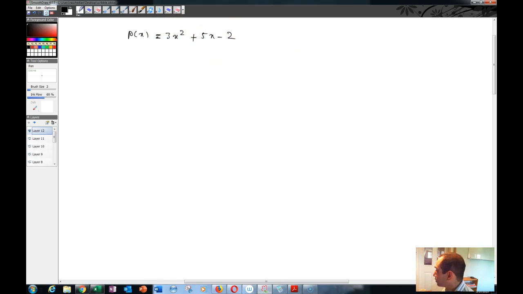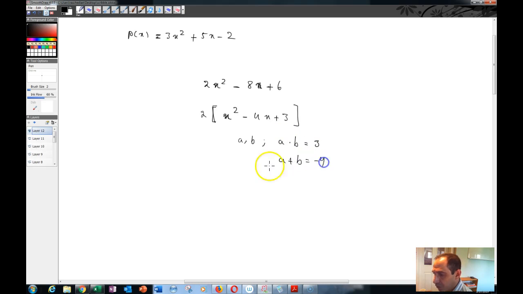What we had was basically 2x squared minus 8x plus 6, and then I factored out this 2, so then you have 2 times x squared minus 4x plus 3, and that way you were looking for two numbers a and b such that a times b was equal to 3, and a plus b was equal to negative 4.